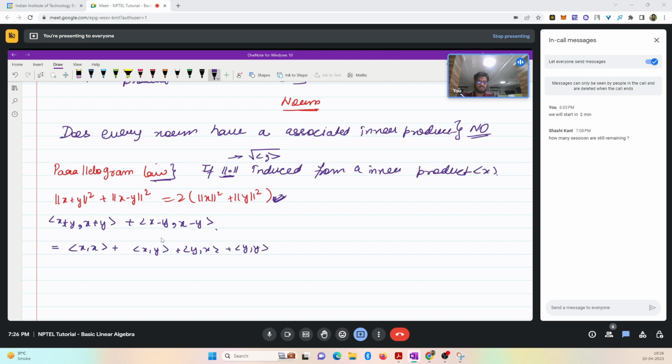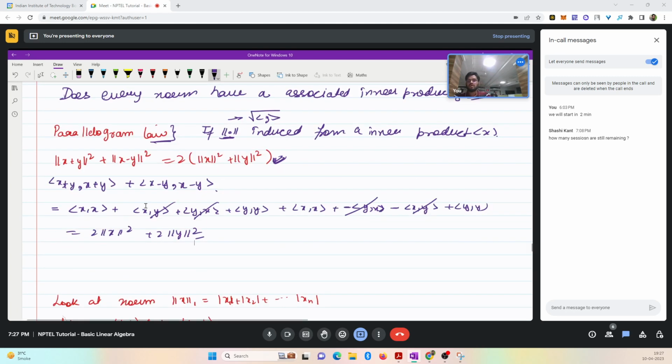For the second one, this is x comma x plus minus of y comma x, okay, minus of x comma y and then y comma y. So this thing gets cancelled by this thing gets cancelled by this, and what we are left with is 2 times norm of x square plus 2 times norm of y square. This is very simple, right? You just need to expand the thing on the left hand side. Okay.